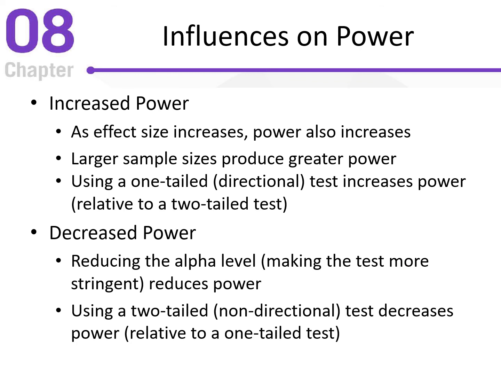So as I was mentioning in the previous slide, if I increase effect size, that means the mean difference between the treatment sample and the null hypothesis population, I increase power. That makes sense. If there's a bigger effect, there's an easier chance of finding it because the effect's bigger.